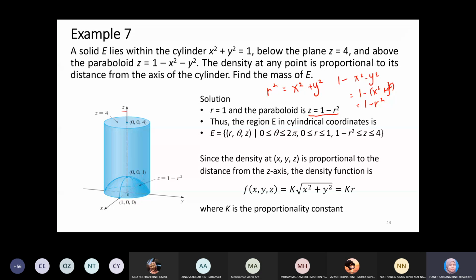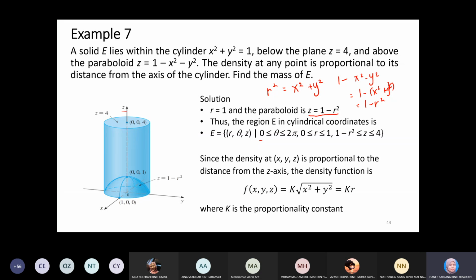Now the region. The solid E is a whole circle, so theta lies between 0 and 2 pi, and r is between 0 and 1.